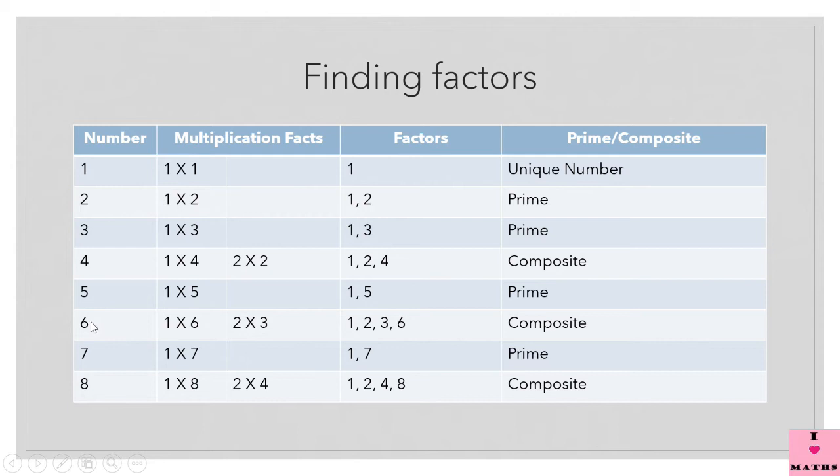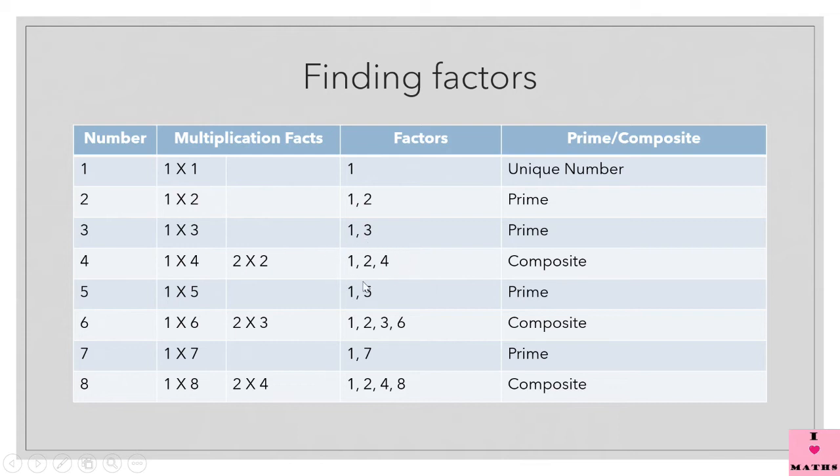Look at these numbers. 4, 6 and 8. 4 has factors 1, 2 and 4. 6 has factors 1, 2, 3 and 6. 8 has factors 1, 2, 4 and 8. So the numbers 4, 6, 8 and many more numbers like these have more than 2 factors.